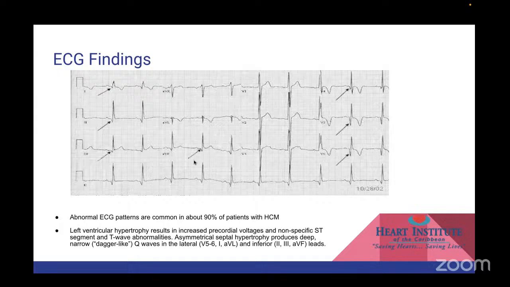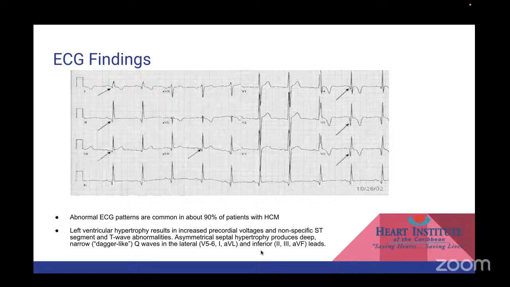The asymmetrical septal hypertrophy produces a deep Q wave, which is what we're seeing here, a dagger-like Q wave in the lateral and inferior leads. So even besides the ECG findings, you don't have to remember the ECG findings. Just remember that 90% of patients can have an abnormal ECG. However, what happens to that other 10%? There are 10% of patients with HCM that can have a normal ECG.